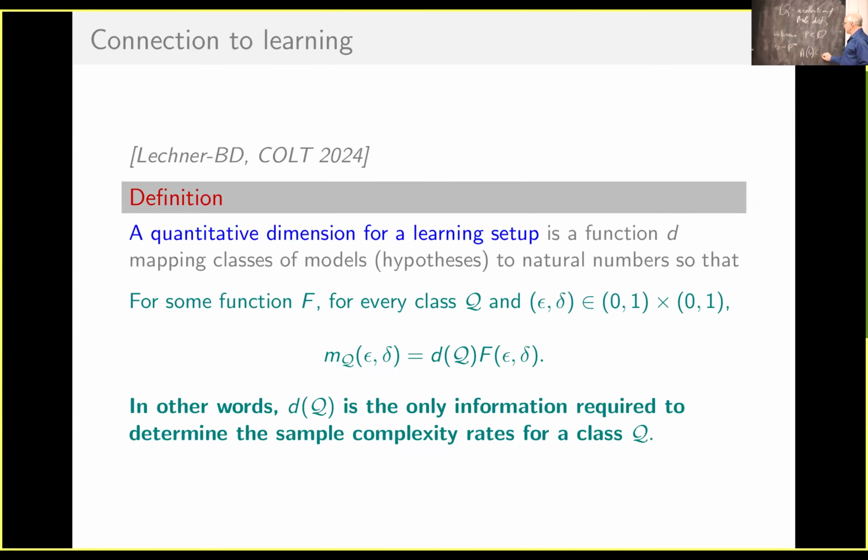I want A of S to be a member of Q that will be as close as possible, a probability distribution that will be as close as possible to the P that generates the sample. So it's a very basic question. I mean, you have a sample from a distribution. You want to know what the distribution is. I think we agree that it's a very basic question.